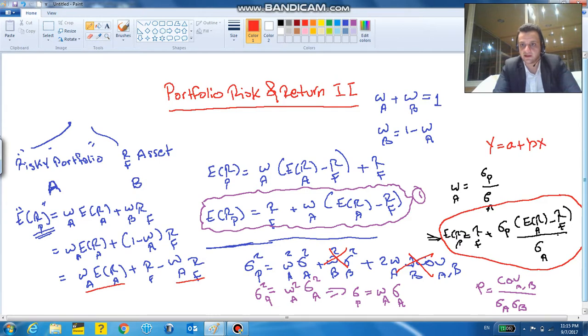This is a linear equation, and what we used to say is that if y is the dependent variable, then a is the intercept, b is the slope, and x is the independent variable. Now, this is the tricky part here.